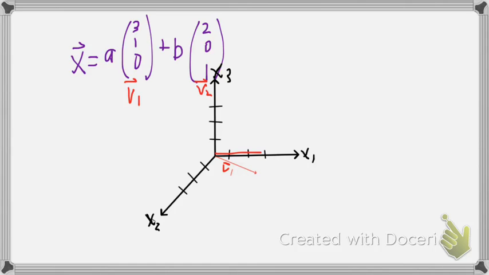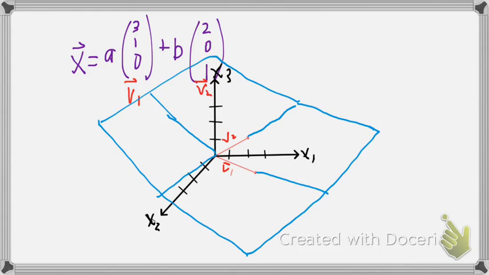It goes 1 in the x2 direction, and we do not go up because we don't have an x3 direction. Likewise, we make our v2 vector. In blue, we now see an infinite plane that contains the vectors v1 and v2.